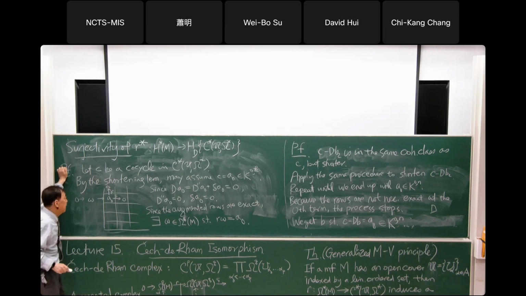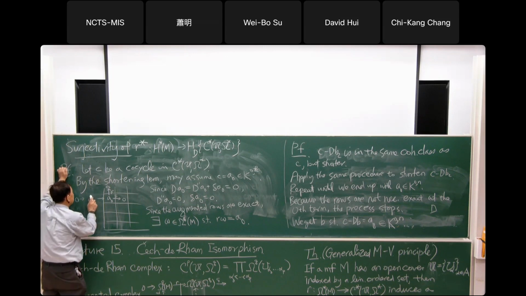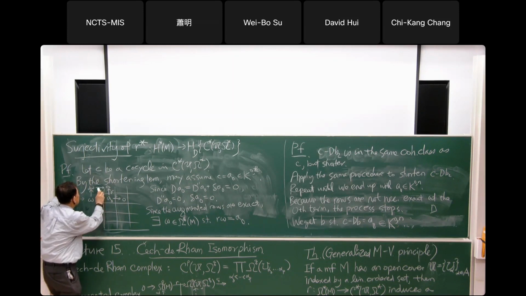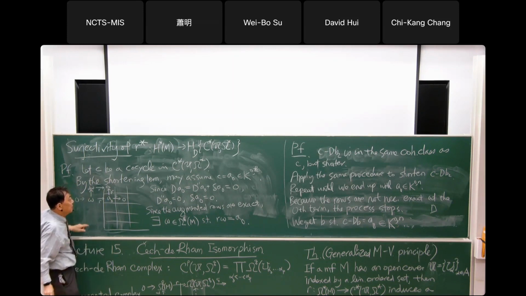And then we have a commutative diagram: d omega, and this is R. By the commutativity of the diagram, this omega goes to d omega and it goes to 0.